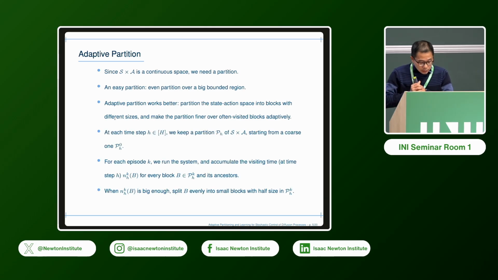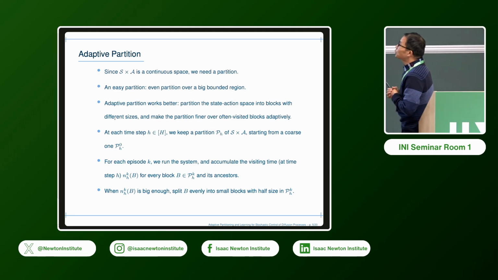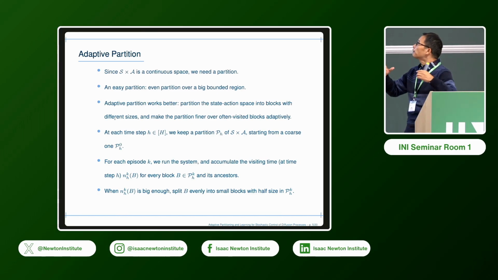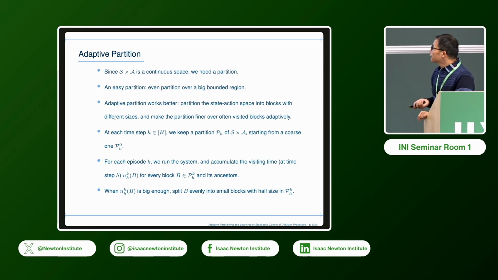We do it this way. At each time step, we keep a partition of the state and action space, starting from a very coarse one, and then we run the system and count the visitation counts for each block in our partition.